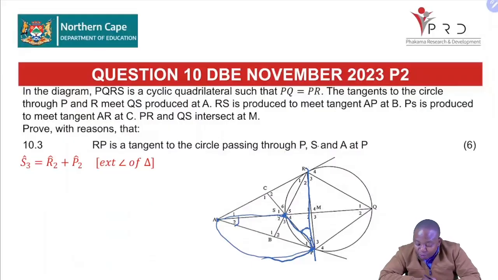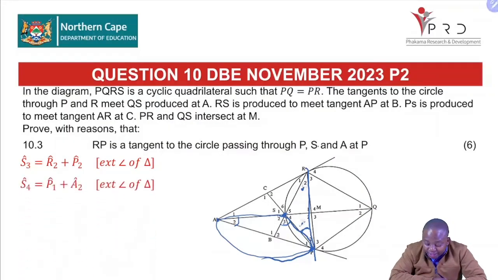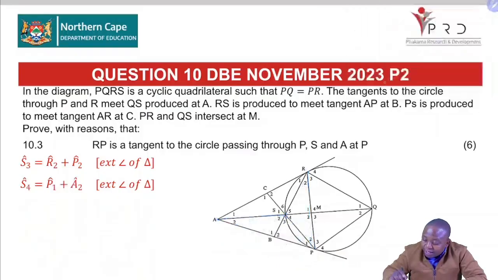Now, what can we do to find that those two angles are equal? We are going to say our S3 is equal to R2 and our P2. That is an exterior angle of a triangle in this case. And also S4 is equal to my P1 and P2. So let's show the two triangles using different colors.